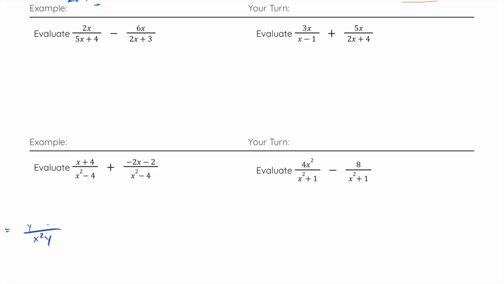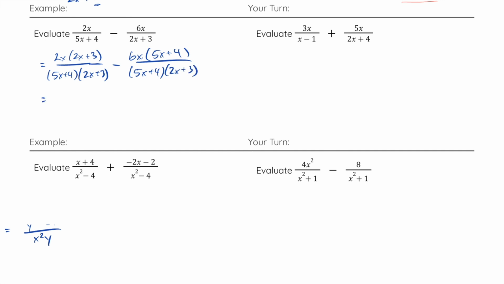So what we'll do is we'll multiply the denominators together, and that means we have to multiply the numerators by those same things. So what we'll end up with is 2x times 2x plus 3 all over 5x plus 4 times 2x plus 3, minus 6x times 5x plus 4 all over 5x plus 4 times 2x plus 3.